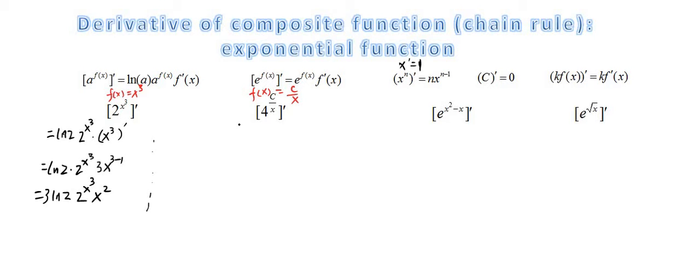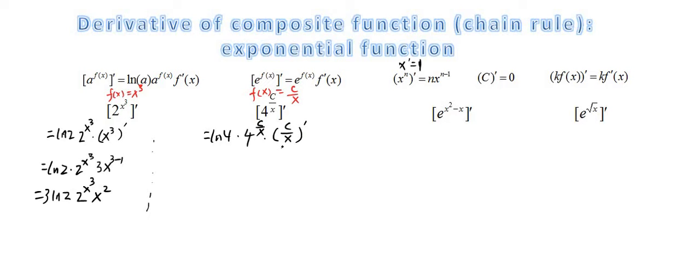Now we can write down the formula. So ln a is ln 4 times a to the power f(x). So a is 4 to the power f(x), that is c over x, times the derivative of f(x).